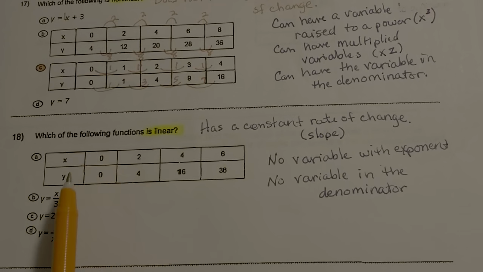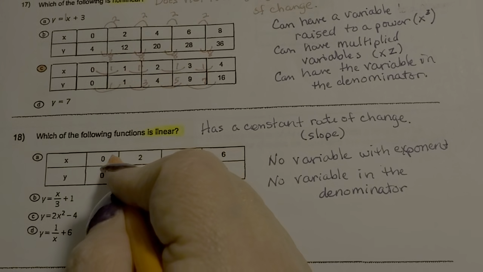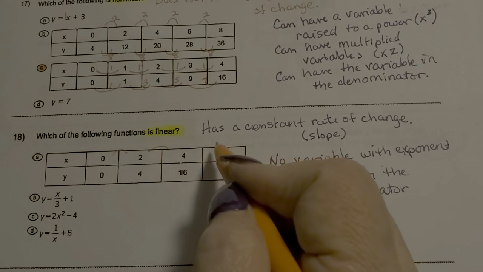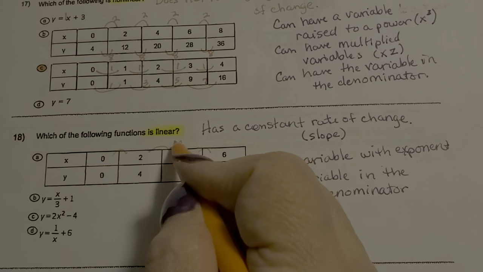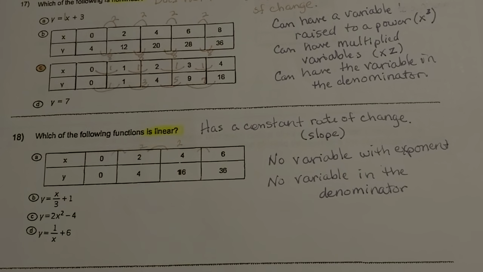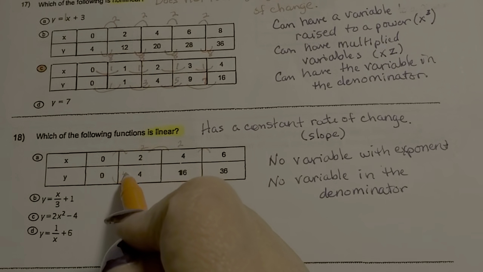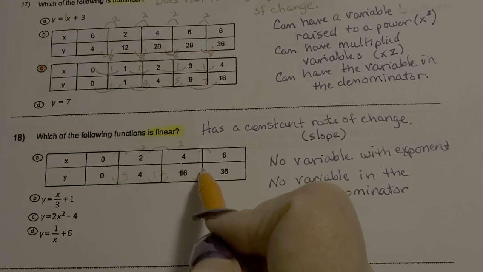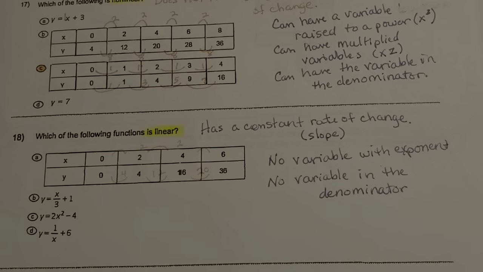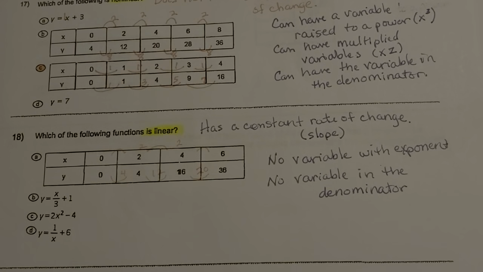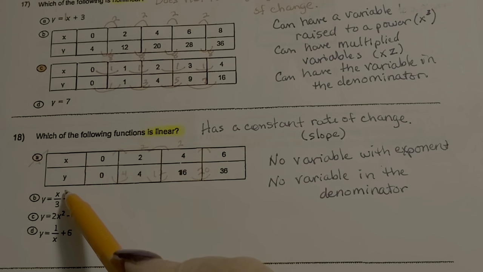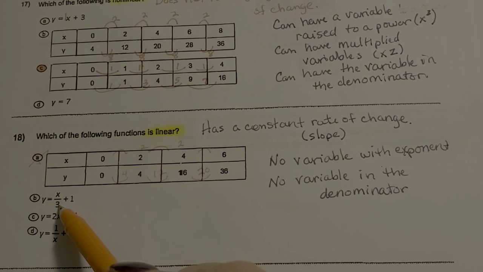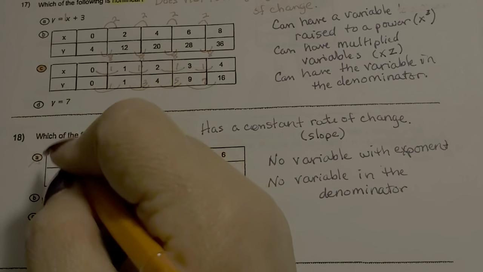So if we look at these, the change across the top is a change of 2 on each one. Across the bottom is a change of 4, 12, and 20. That's not constant, therefore this is not linear. This has a slope of 1/3.